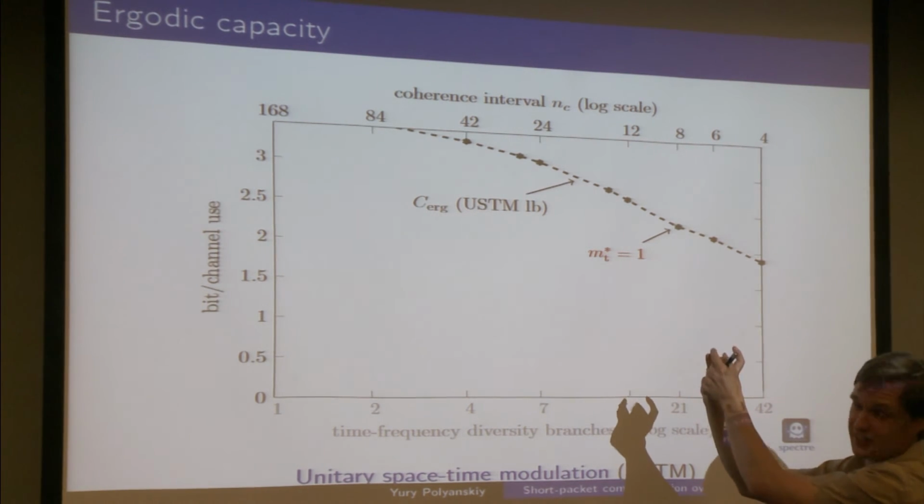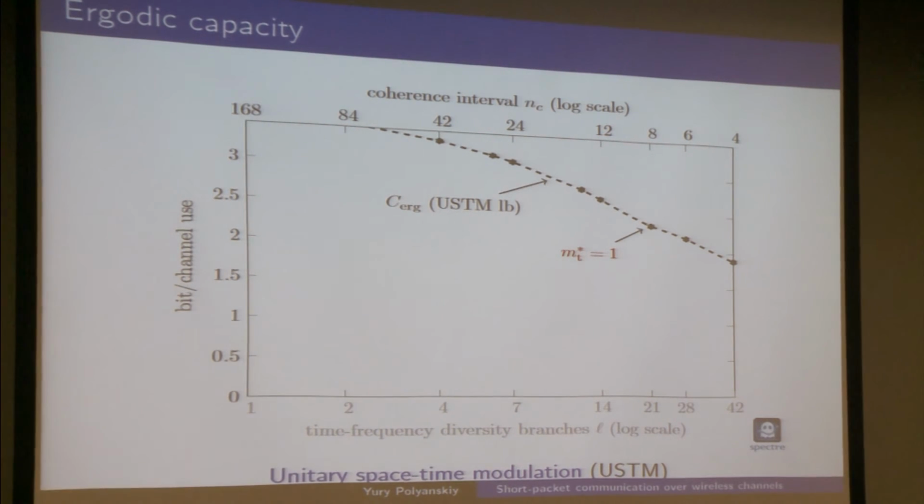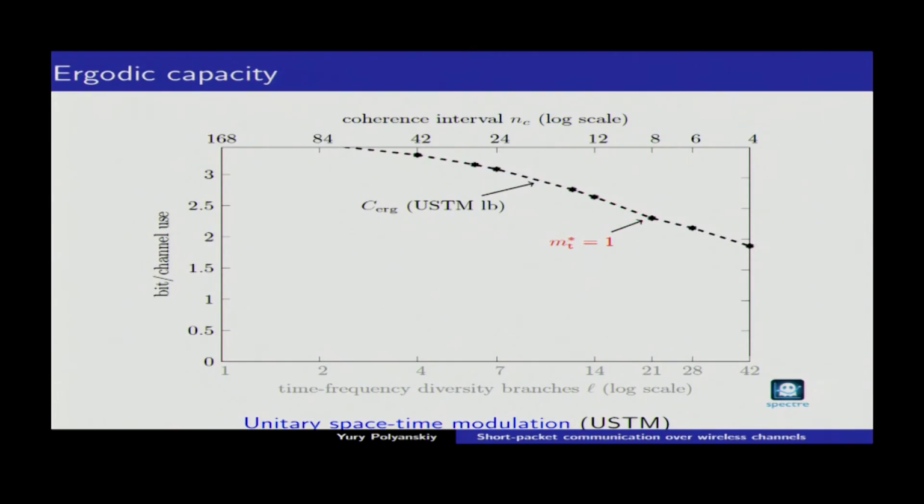You spend it on training, and the shorter the coherence time, the less you get for useful data. And of course, because we are talking about 2x2 MIMO, it's interesting to consider when you will shut off the antennas, because training costs you more if you have two transmit antennas. At this point, it turns out that it's better to only use one antenna.